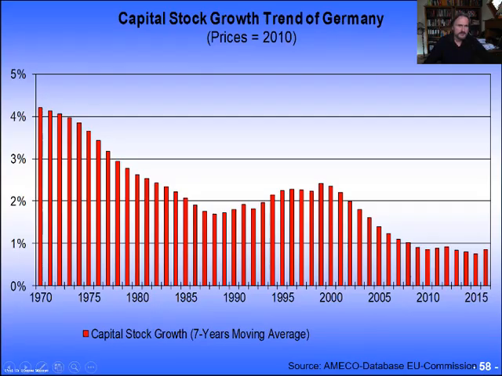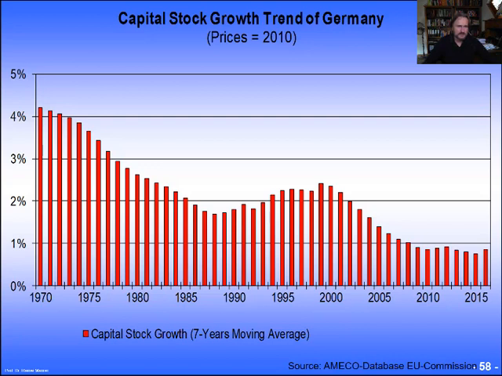The stock of physical capital is measured by the German Statistical Office on a yearly base. This diagram shows the yearly growth rate of the capital stock measured at prices of the base year 2010. Consequently, the impact of inflation has been eliminated and the diagram shows the real growth rate of the capital stock.